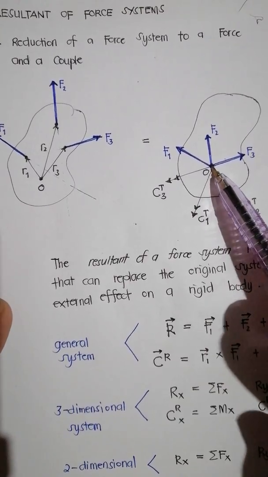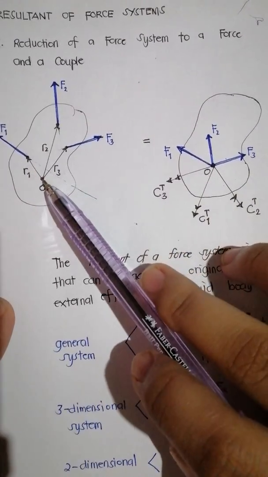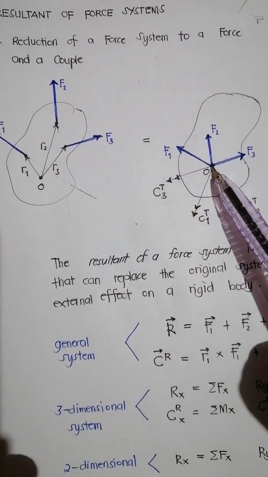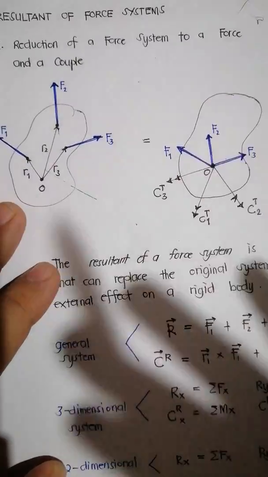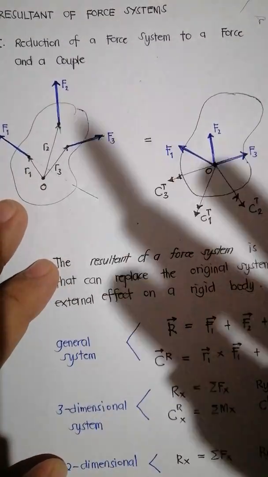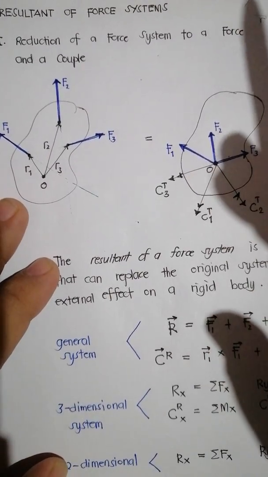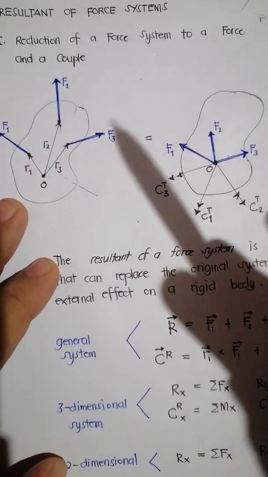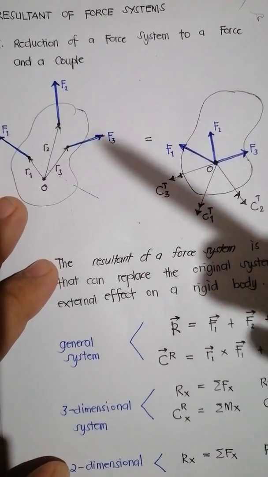As you can see, the points of action of the three forces are all transferred to point O. This makes the system concurrent. But remember, every time you transfer the point of action of a force to another point aside from its line of action, there is always a couple of transfer formed.